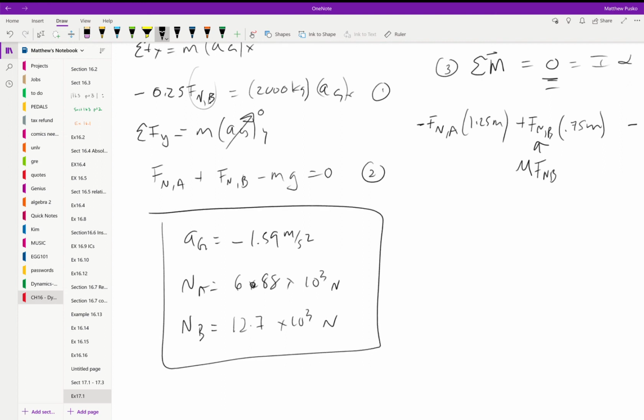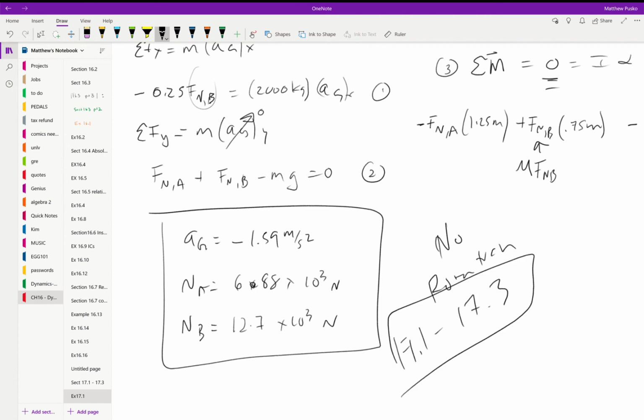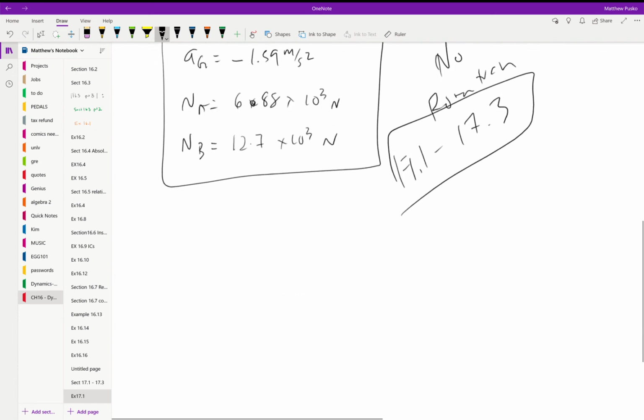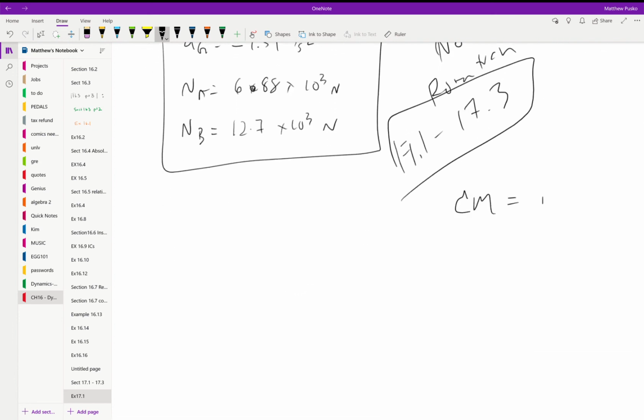So this was a case where there was no rotation. We are looking at sections 17.1 to 17.3 right now. 17.4 is where we're going to say that the summation of the moments is equal to I alpha, but in this case that was 0.